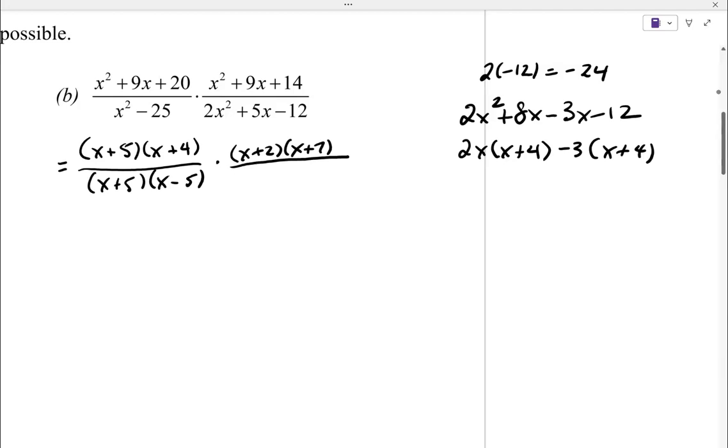So finally, we get down to x plus 4 times 2x minus 3. So some of these problems, when you factor everything in sight, you may need to use the AC method off to the side to be able to factor it.